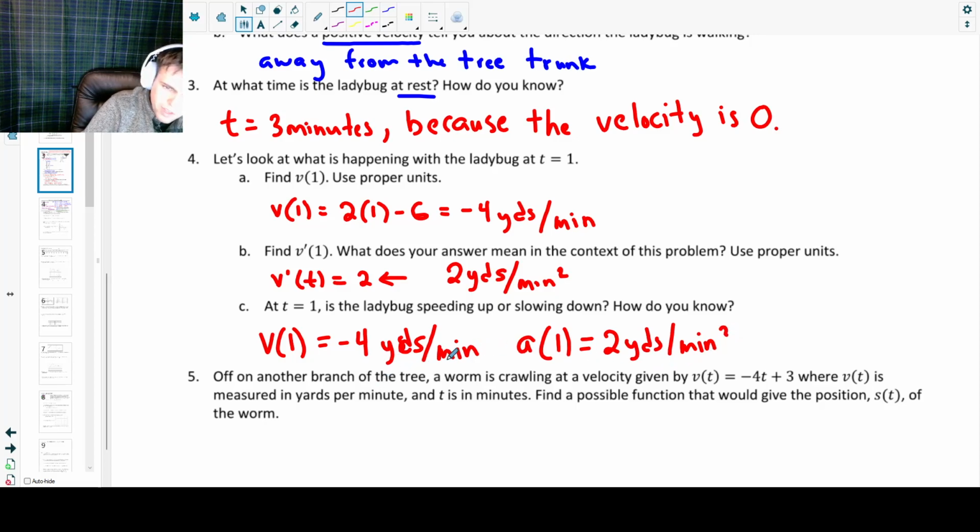So because these two things are acting against one another, one of them is a negative value and one of them is a positive value, what's happening is even though we are going at a negative velocity, we are moving towards the positive direction. That velocity is actually increasing, which is going to be moving it towards the positive numbers, which actually means that the ladybug is slowing down.